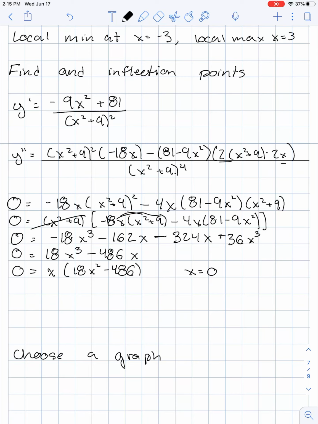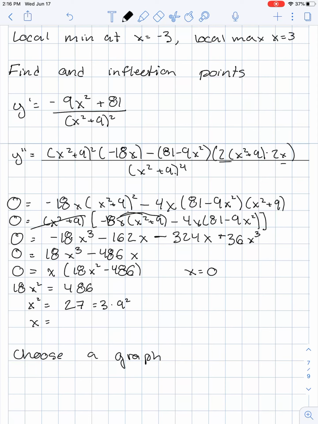And then 18x squared minus 486 is going to be equal to 0, and I can just make that 18x squared equal to 486. So that means that x squared equals 27, and 27 is 3 times 9, by the way.